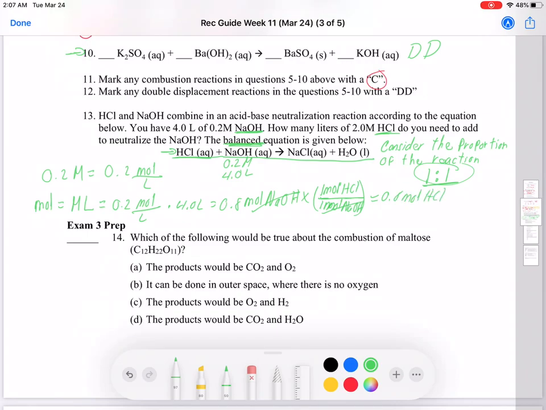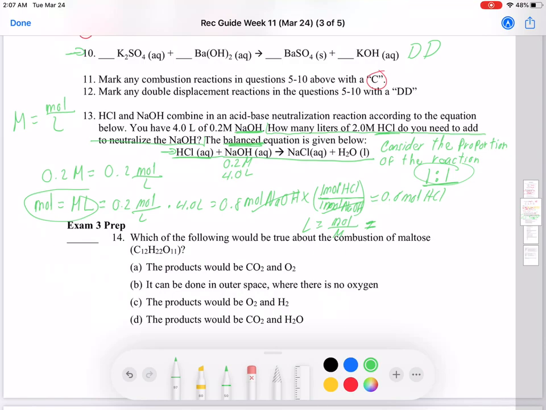moles of HCl. Now, using this very same equation over here, if you recall, molarity equals moles over liters. Therefore, liters equals moles over molarity. The question is how many liters of 2 molar HCl do I need to add to neutralize that sodium hydroxide.